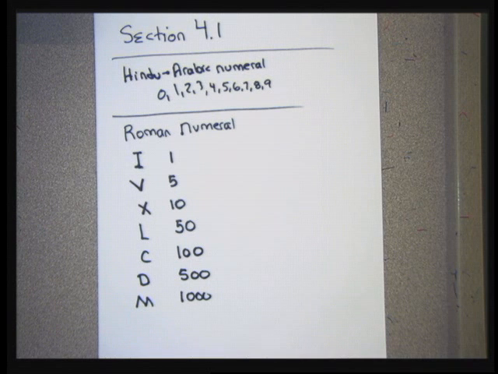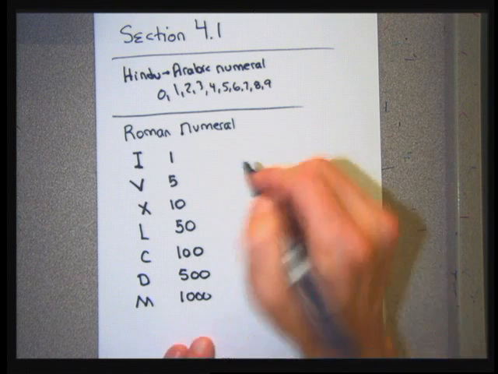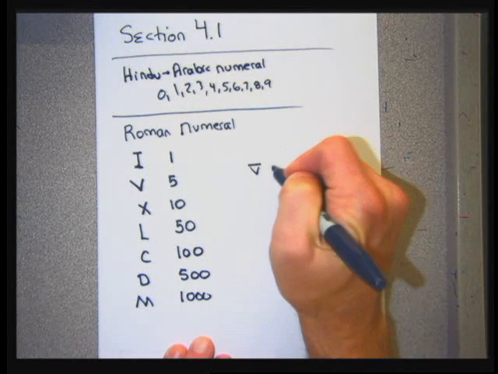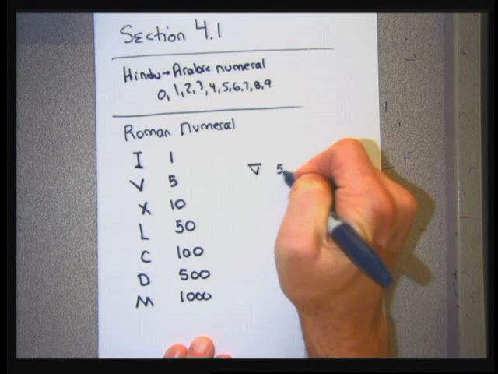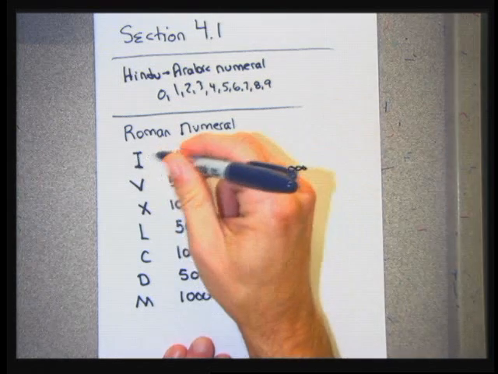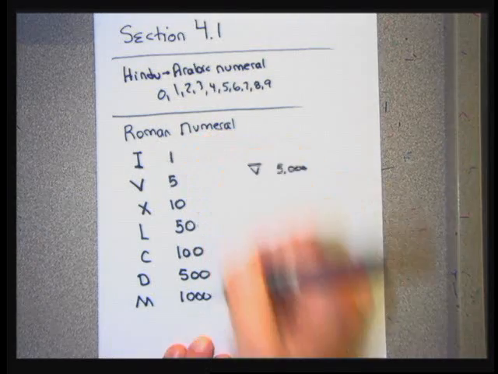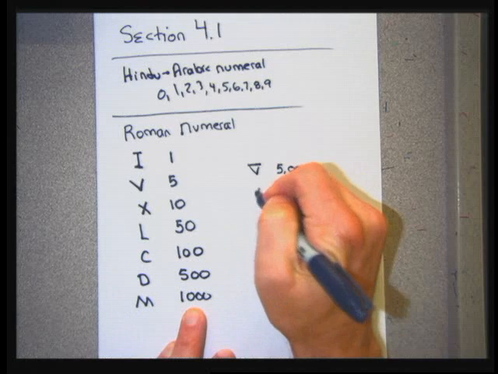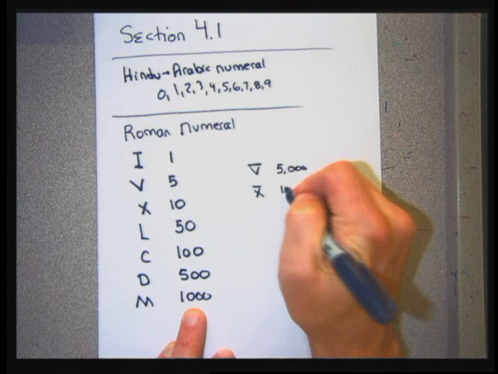This won't make its way onto the test, but if we put a bar over a number, we multiply it by 1,000. So a V with a bar means 5,000. Technically, an I with a bar means 1,000, but since we already have a symbol for 1,000, we don't do I's with bars. An X with a bar would mean 10,000.